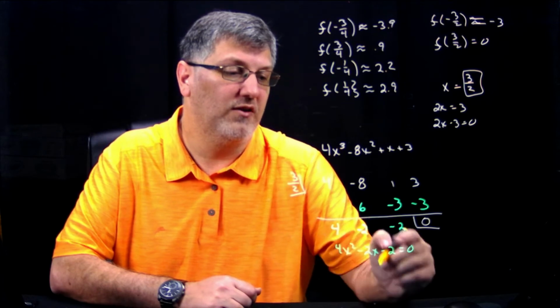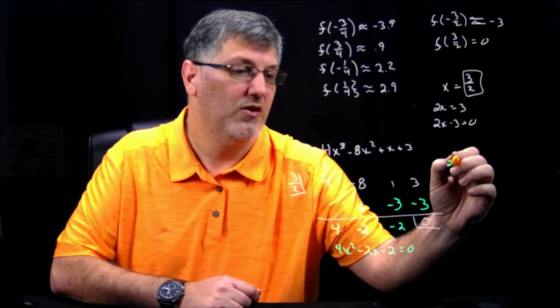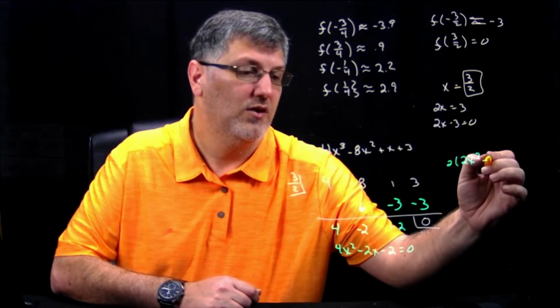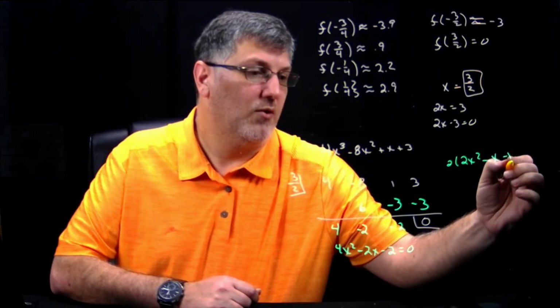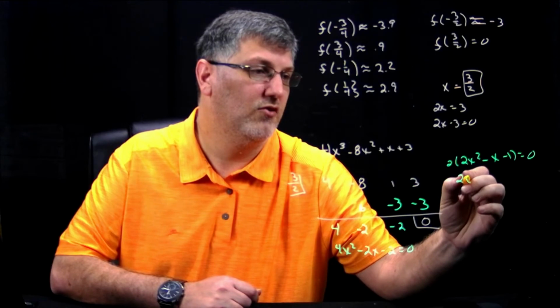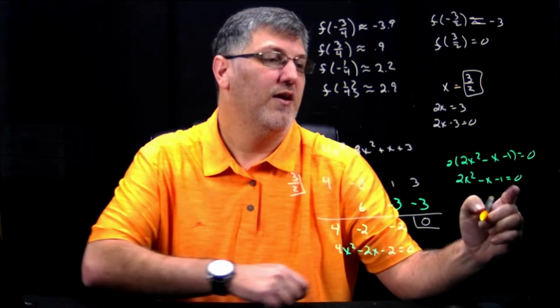And then from here, let's see if we can solve this real quick. We can take out a 2. This gives me 2x squared minus x minus 1 equals 0. Divide everything by that. 2x squared minus x minus 1 equals 0. And then this should factor because I've got a -2, which is going to factor to 2x squared minus 2x plus x minus 1 equals 0.